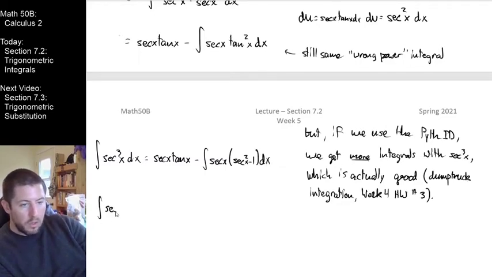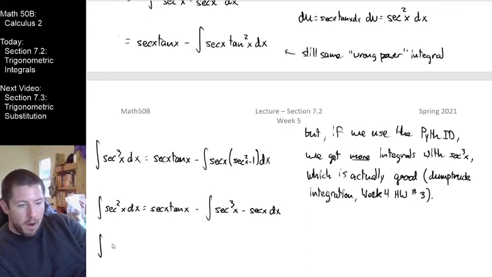So, doing a little bit of shuffling around, this is the integral of secant cubed of x minus secant x dx. I'm going to rip that apart. Oops, I made a terrible typo. That's not a squared, that's a cubed. That matters.